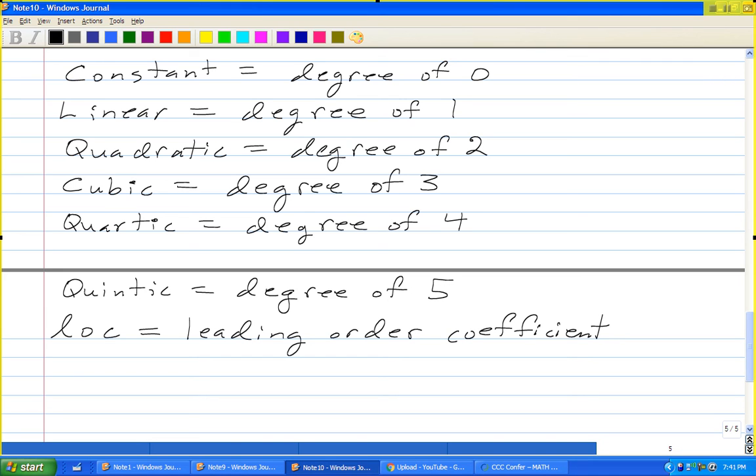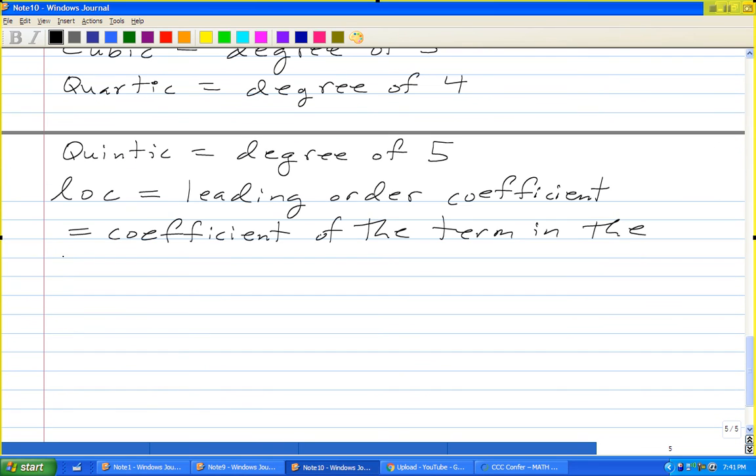This is the coefficient of the term in the polynomial of largest degree.